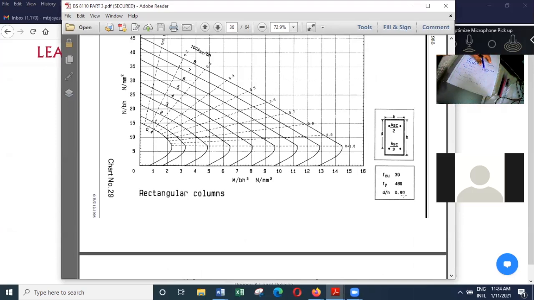So let's say D over H ratio is something like 0.9. Then if M over BH squared ratio is 1.5, somewhere here, the N over BH value is 12, then you can straight away find the amount of reinforcement to be provided.